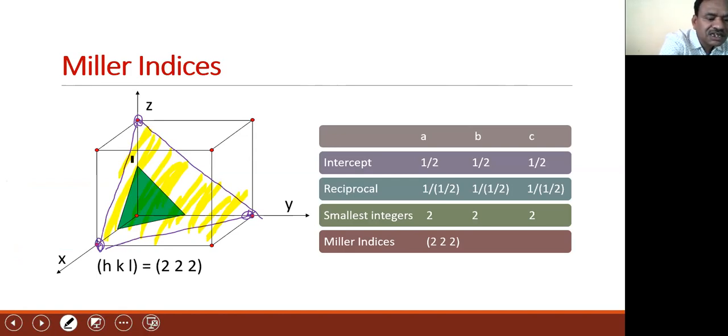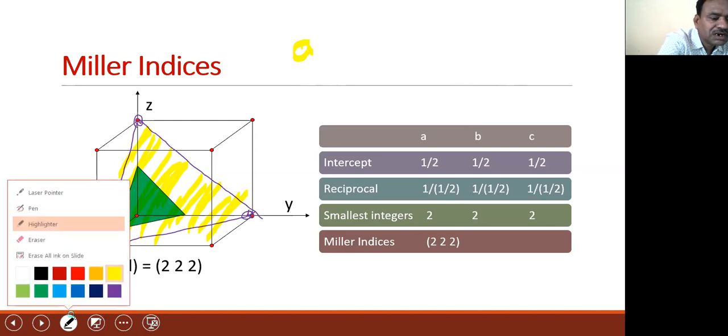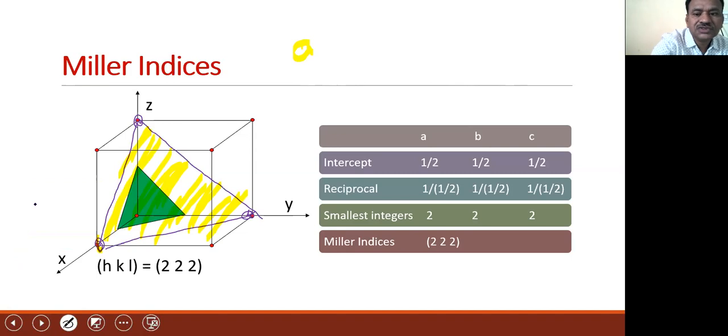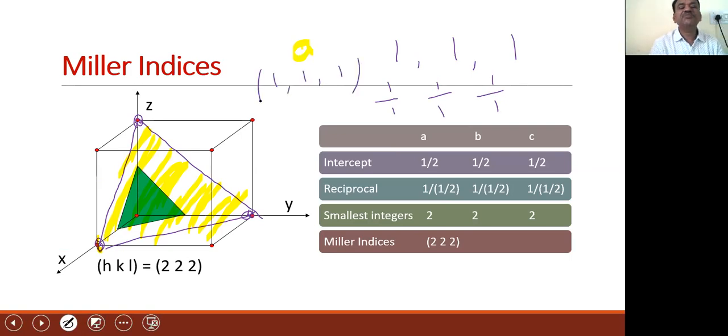In that case, the x-axis intercept is 1, the y-axis 1, the z-axis 1. Then take the reciprocal: 1 by 1, 1 by 1, 1 by 1. What are the Miller indices? It is 1, 1, 1. These are the Miller indices for this.